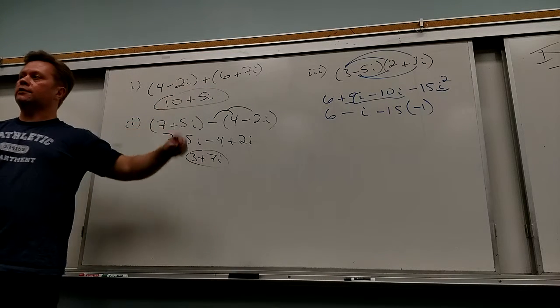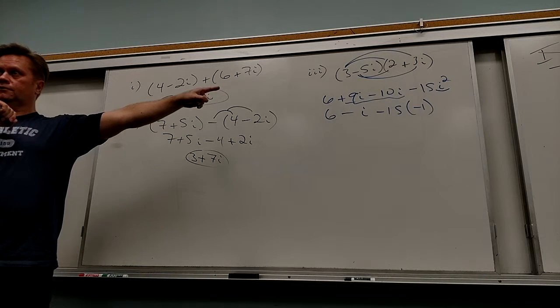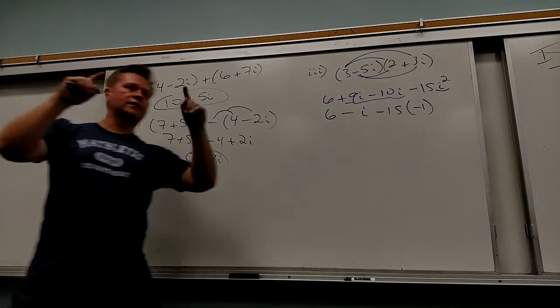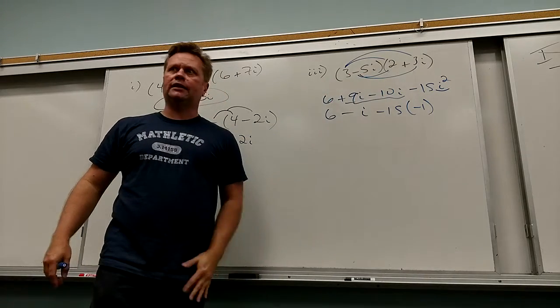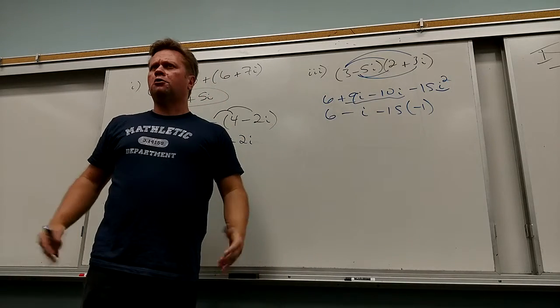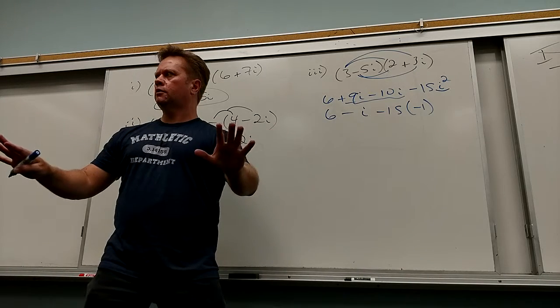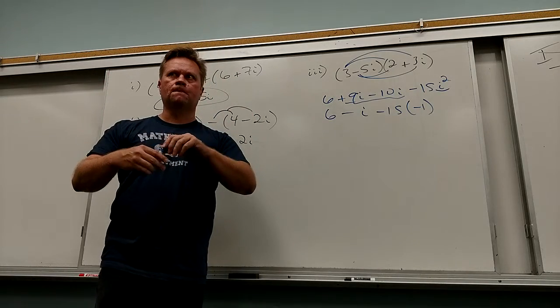So that's why I said earlier, it's the most important one to know, because it's the one that happens the most. You get i squared a ton. So you just got to know it's negative 1. The big mistake I see students making is they replace all the i's with negative 1. That doesn't make any sense. Why would I call negative 1 i? There's nothing wrong with negative 1. It's the square root of negative 1 that's freaky. That's what we call i.